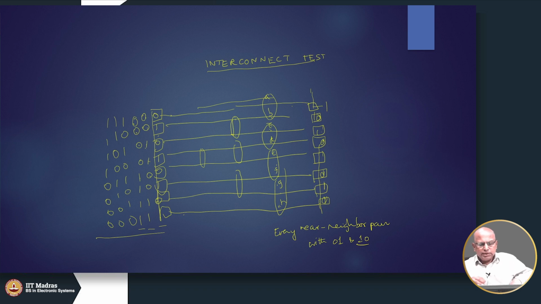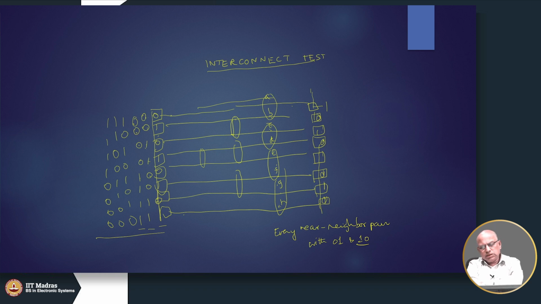So using this JTAG standard, you can get full test access to any one of the chips and perform the tests that you have derived, either digital tests or memory tests, and then apply those tests.